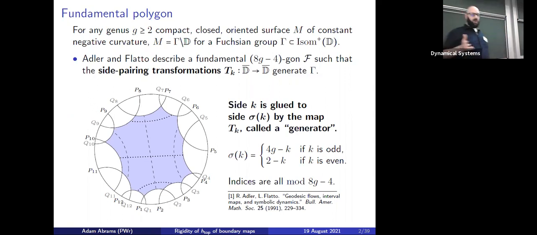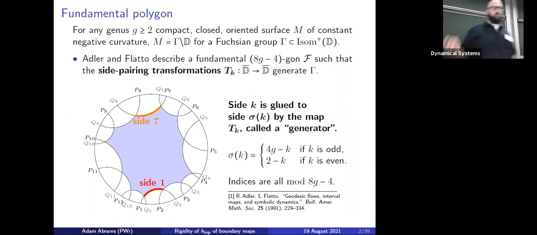I will point out that all of the indices that I mention, when I say capital T_k or capital P_k, are always mod 12, because these are sides of a polygon, points on a circle. For example, side 1 is glued to side 7 for genus 2.